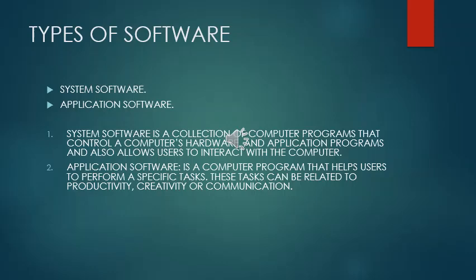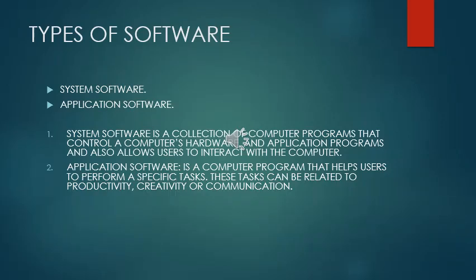Our slide 7 refers to the types of software. We have two here, known as system software and application software. So let's look at system software. System software is a collection of computer programs that control a computer's hardware and application programs and allow users to interact with the computer.